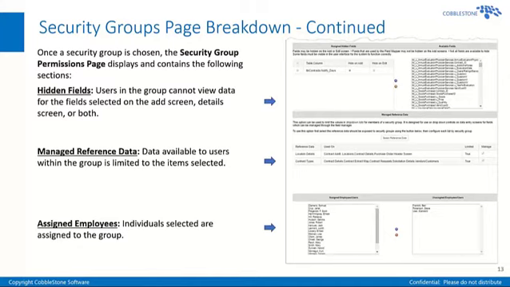The next one down, our fifth set of boxes, is managed reference data. If nothing is populated in here, then members of this security group can work with any piece of master reference data. They could select any location. They could select any type or status, provided those fields are editable, that is, or available on add.